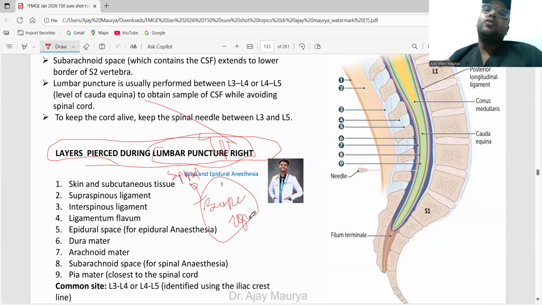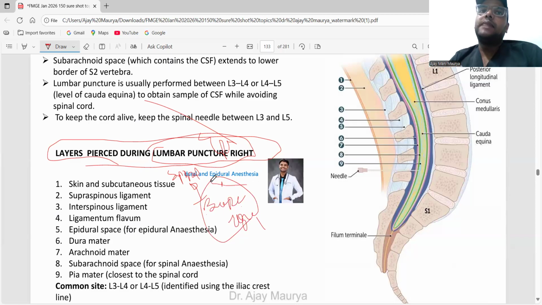If they give these, there is a complete loss of motor and sensory function. If you tell the patient to lift the leg, he is unable to lift the leg.